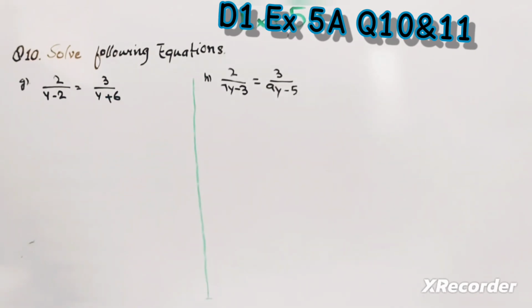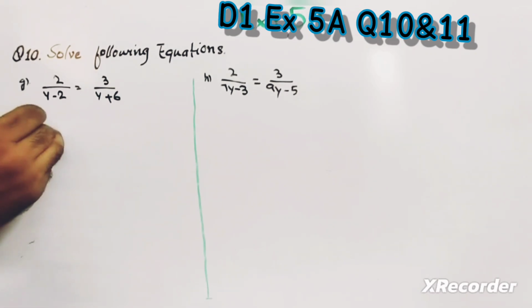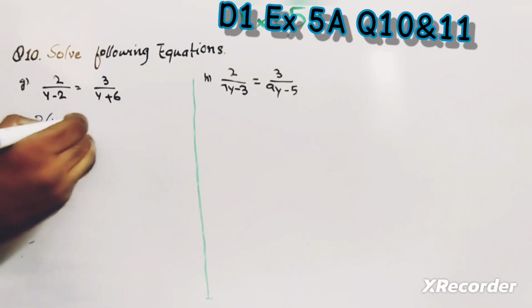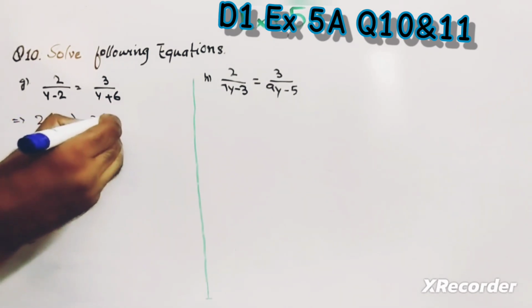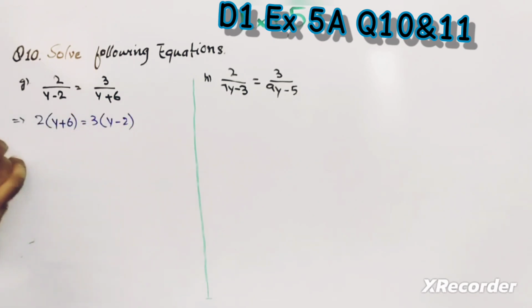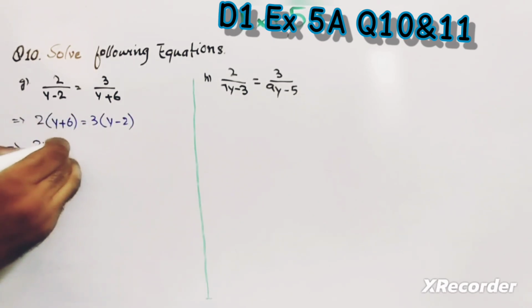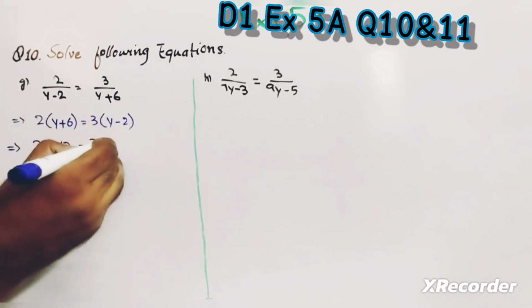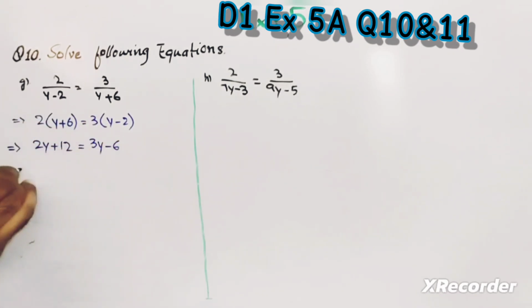Now moving to the second last part, G. 2 upon y minus 2 is equal to 3 upon y plus 6. Let's begin by cross multiplying. 2 times of y plus 6 is equal to 3 times of y minus 2. By solving, 2 times of y is 2y plus plus plus 2 times 6 is 12, 3 times y is 3y plus minus minus 3 times 2 is 6.